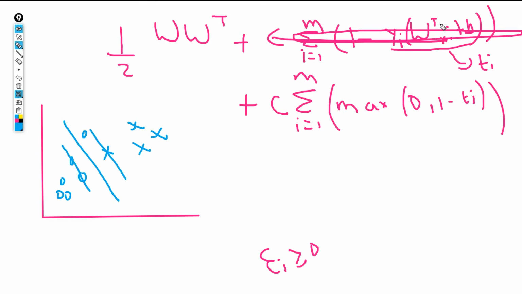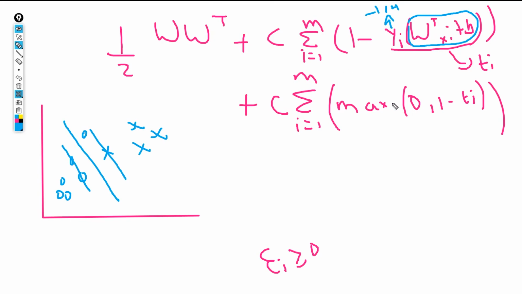What can be the value of this? If you consider this part, it is either going to be -1 or +1 on the basis of whether this belongs to the negative class or the positive class.